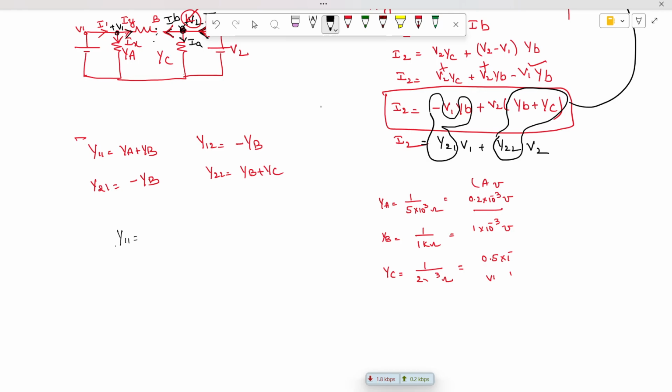What is Y11? YA plus YB. The value of YA is 0.2 into 10 to the power minus 3 plus, the YB value is 1 into 10 to the power minus 3. Similarly, what is Y12? Y12 is minus YB, so this is minus 1 into 10 to the power minus 3 mhos.